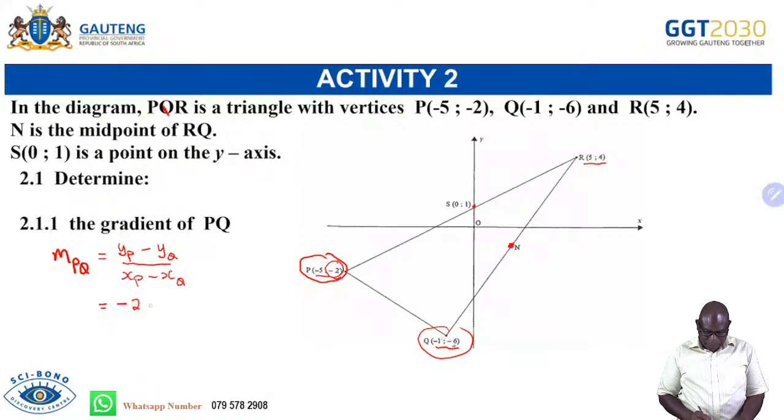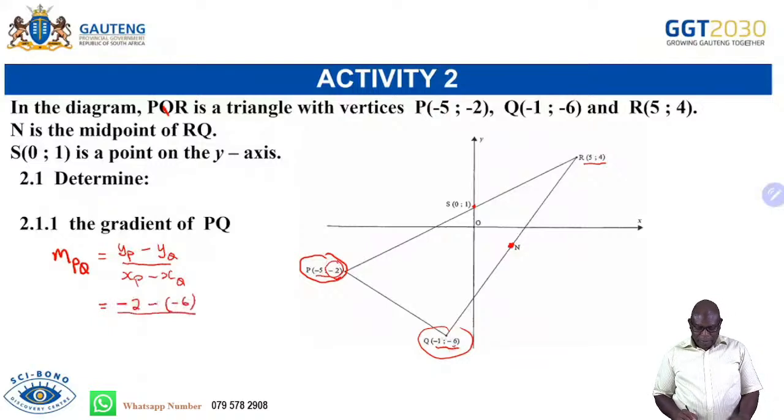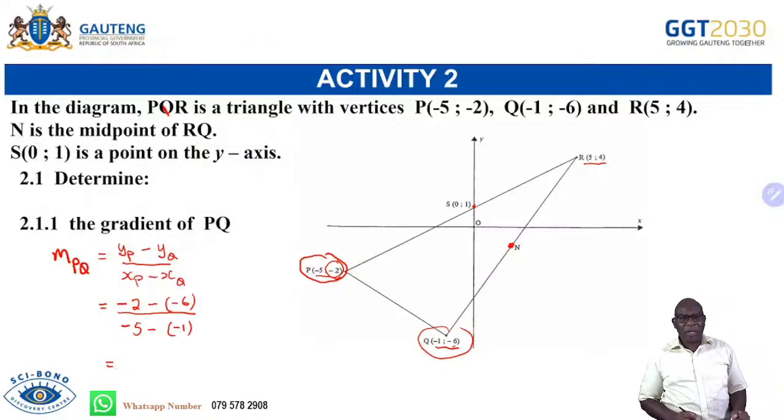So remember, there's a minus for the formula and there's a minus for the value, divided by the x value at P, it's minus 5, minus the x value at Q, it's minus 1. So now from here, just use a calculator. Put a fraction button, minus 2 minus minus 6 over minus 5 minus minus 1 in your calculator.